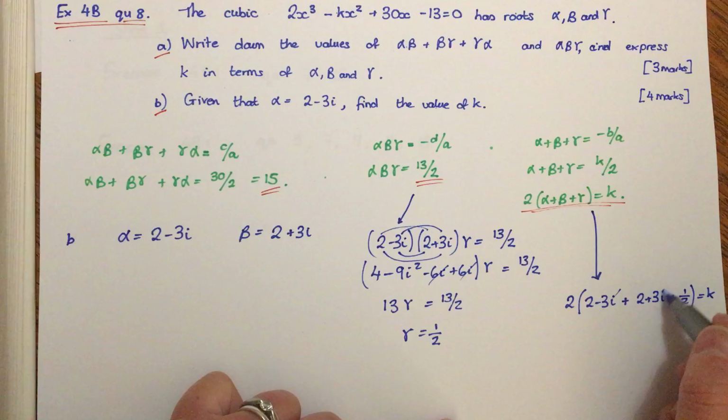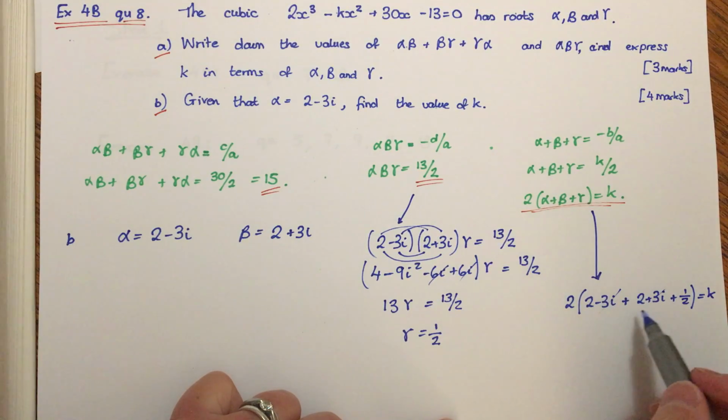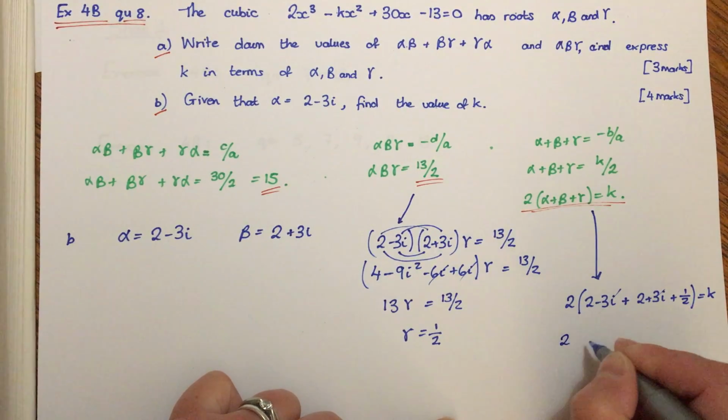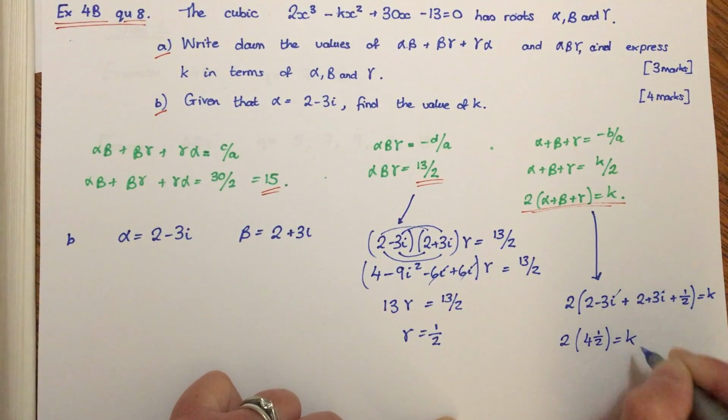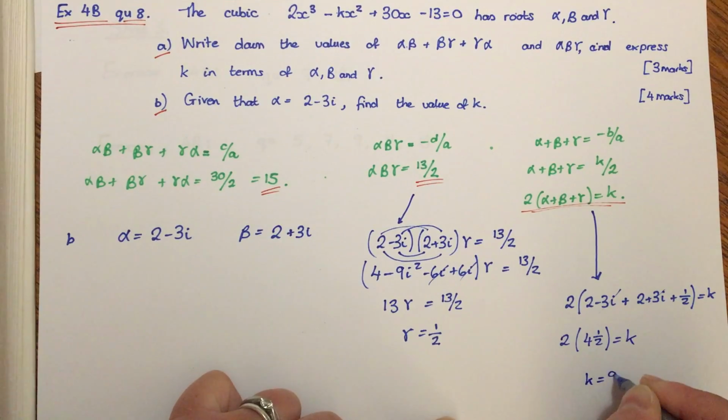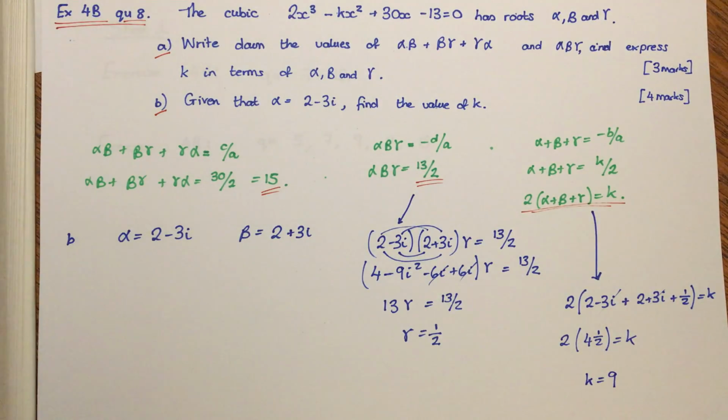So plus 3i minus 3i, we've got 2, 4.5. So 2 lots of 4.5 is equal to k. So k is 9. That's a bit of an extension of what we've done before, but essentially that's the way that complex numbers creep into roots of polynomials. The work isn't different, it's just that now you're using a different type of number.